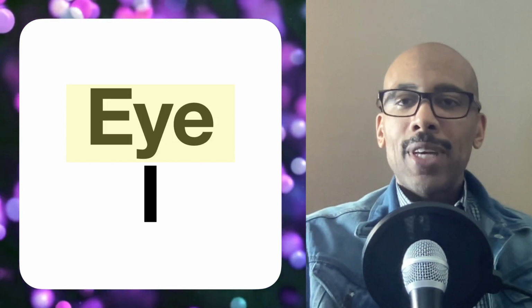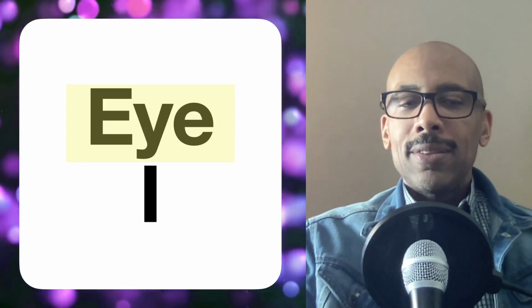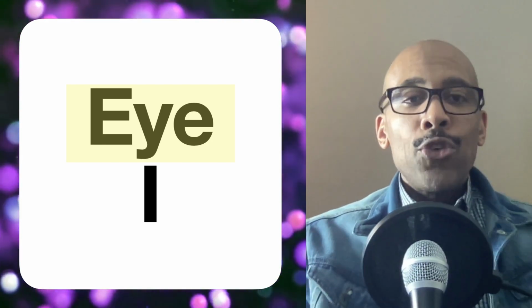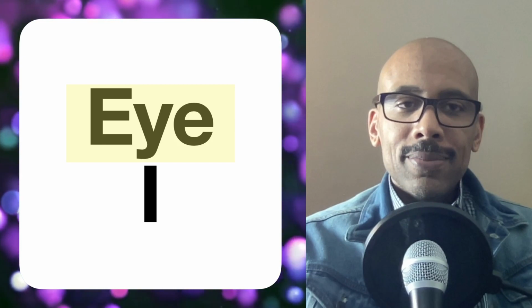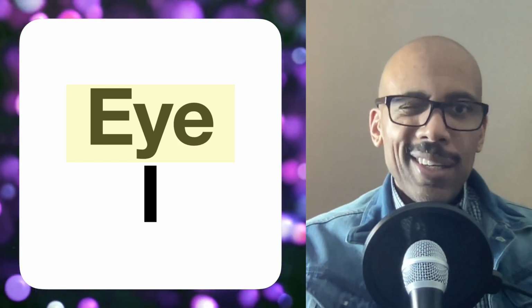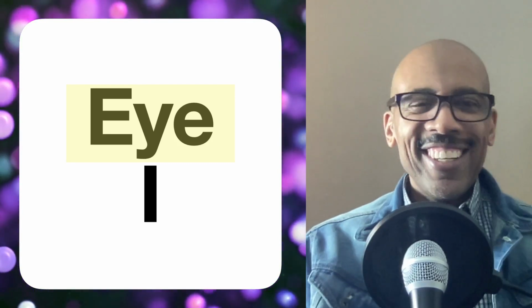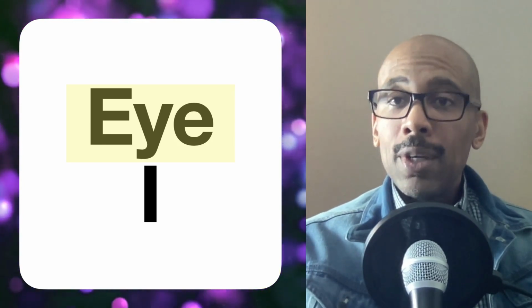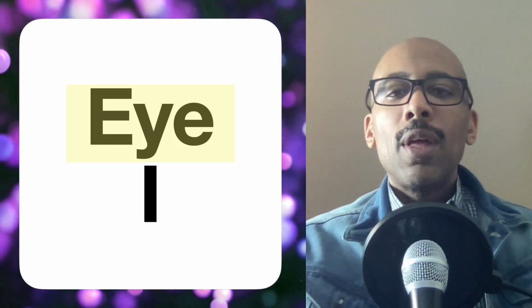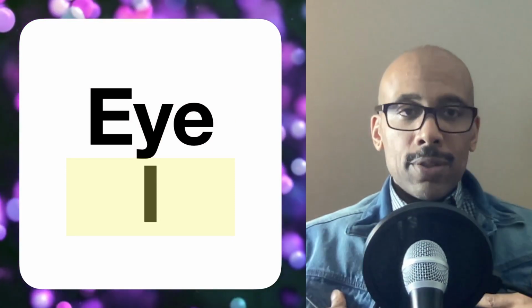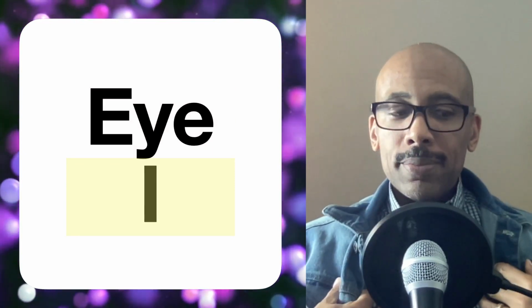Eye, okay? E-Y-E. My eyes are brown. Or you may say, look into my eye. I think you're lying because your eye is twitching. He was so ashamed he could not look his father in the eye. But then the letter I is talking about your person. I have on a blue shirt.